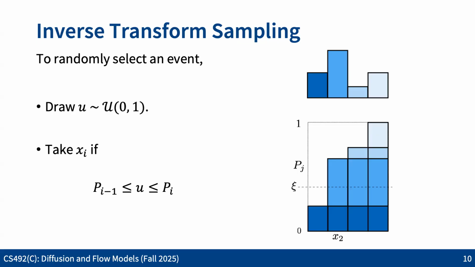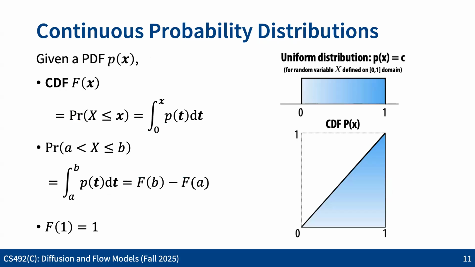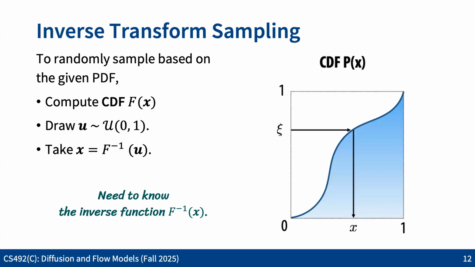And actually we can extend this idea not only to the discrete case, but also to the continuous case. It's exactly the same thing. Given any PDF over some range of data points, we calculate the cumulative distribution function by taking the integral up to that point, right? Then we have the same plot, but in continuous space.